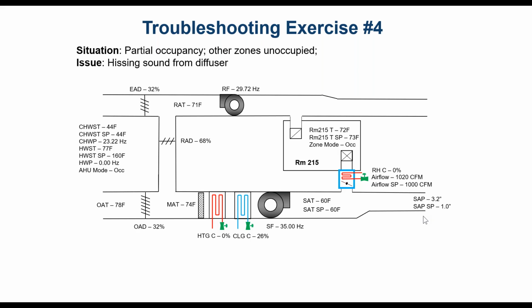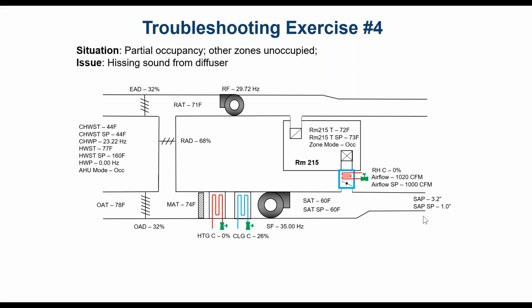1 inch. Now you may or may not know this, but 1 inch is a reasonable value for a set point. And this is actually a real world example from a building I was troubleshooting, and 1 inch was a pretty appropriate set point for this system. Step 4.2, is the controller response as expected? If we're way above static pressure set point, we would expect that supply fan to start slowing down.